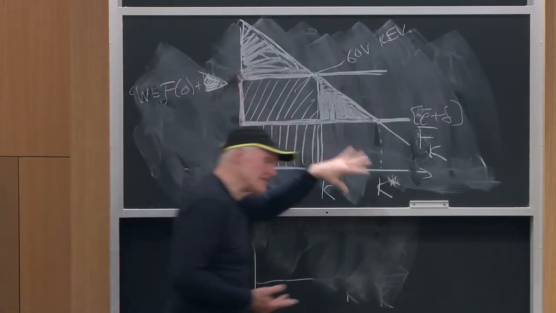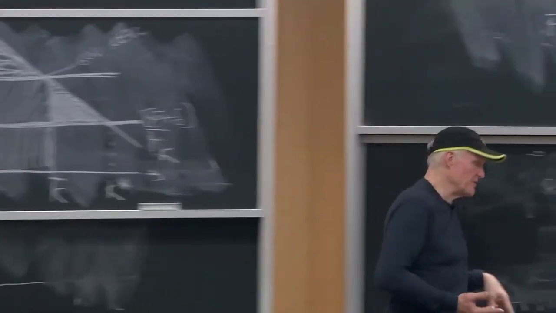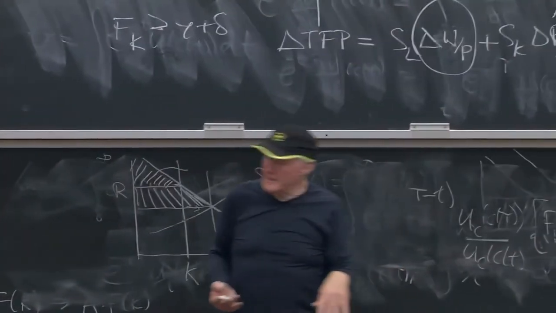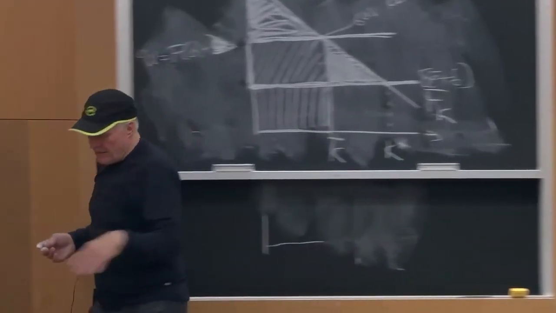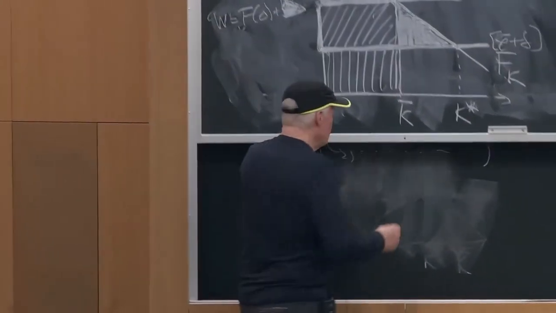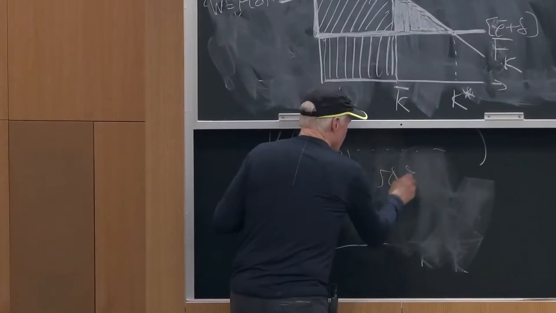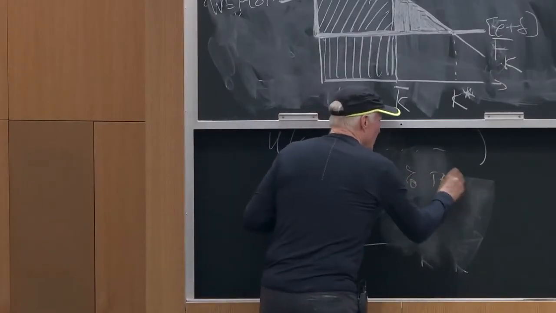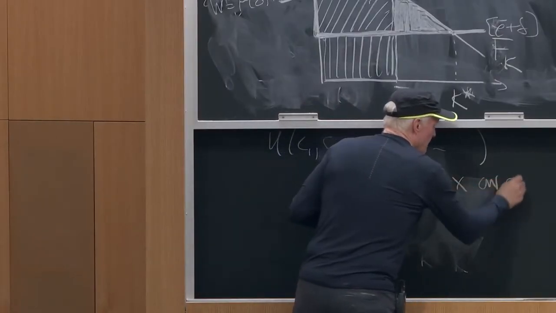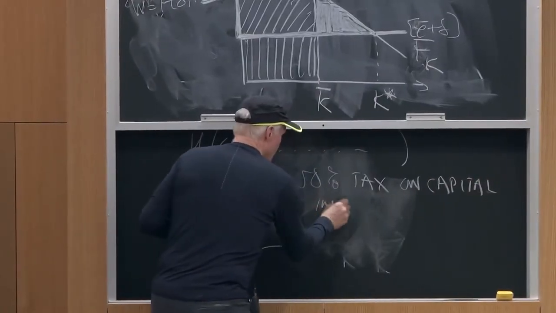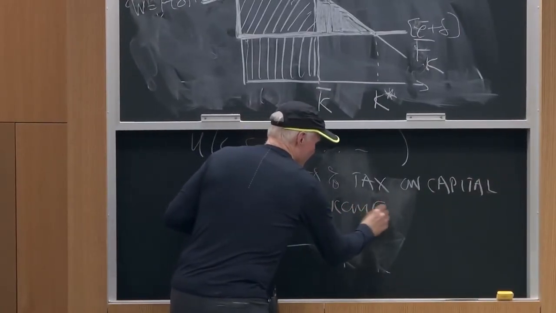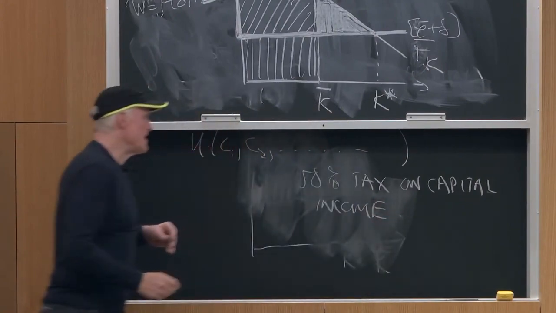Now, in fact, it has to be bigger for another reason, which is, if you think about it, when you have a 50% tax on capital income, what does that mean?